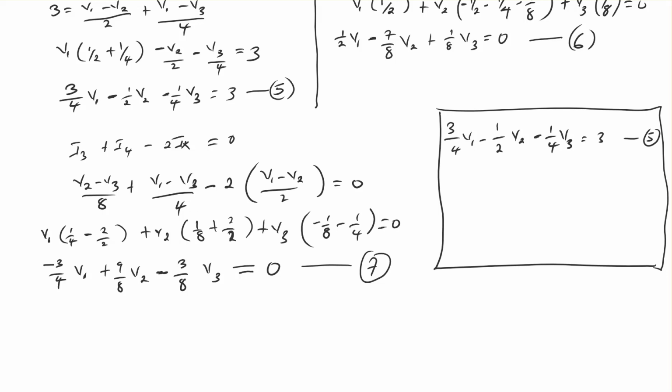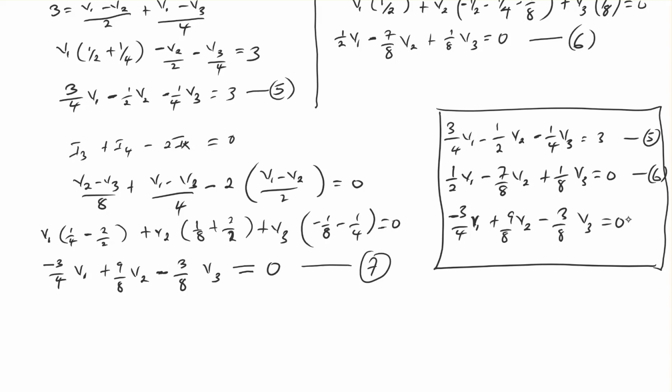And then equation 6 is 1 over 2 V1 minus 7 over 8 V2 plus 1 over 8 V3 equal to 0, equation 6, right? And then the last one is minus 3 over 4 V1 plus 9 over 8 V2 minus 3 over 8 V3 equal to 0, equation 7.